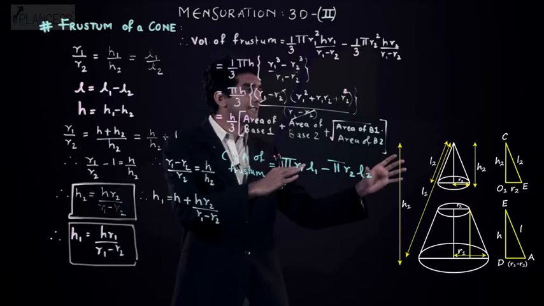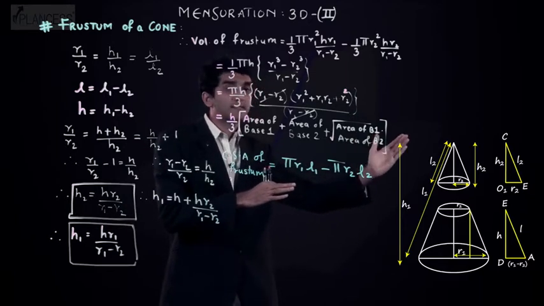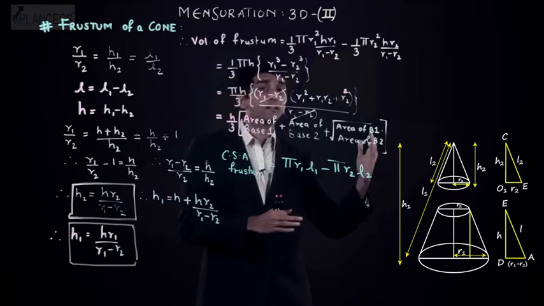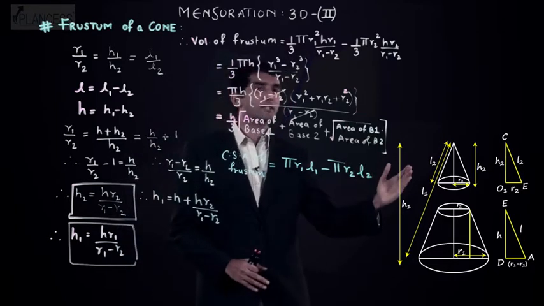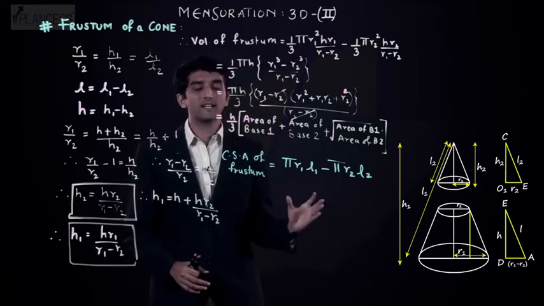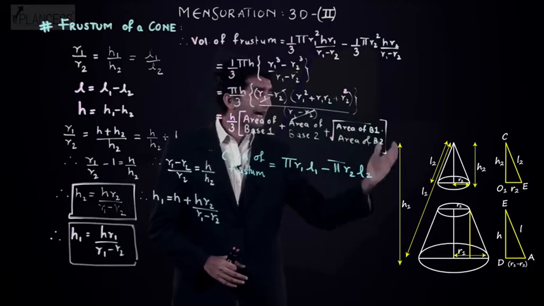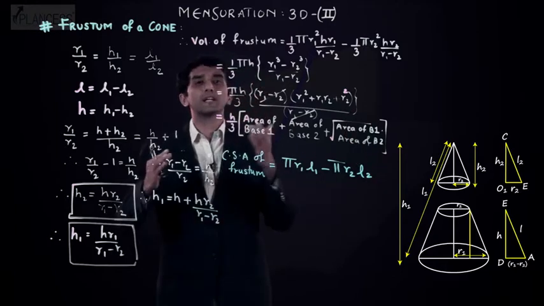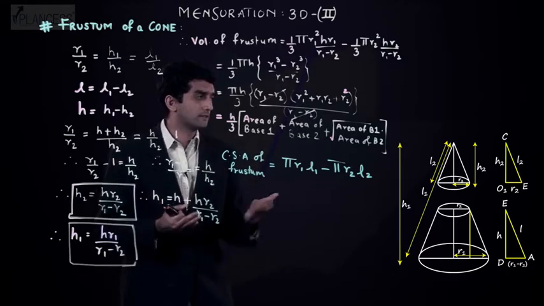Now you would see this particular triangle, the triangle at the side. This triangle is a right angle triangle, and the hypotenuse of this triangle is L, the slant height which we want to find out, and the height is nothing but H, which is a part of the frustum and would be given to us, right?